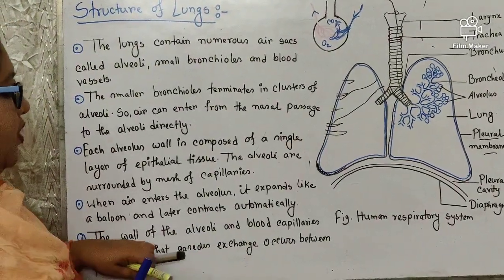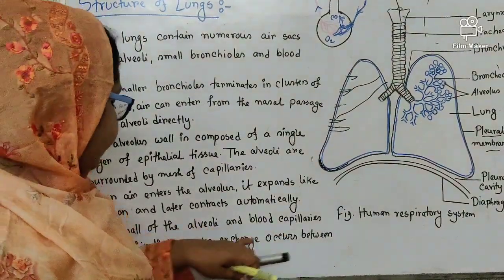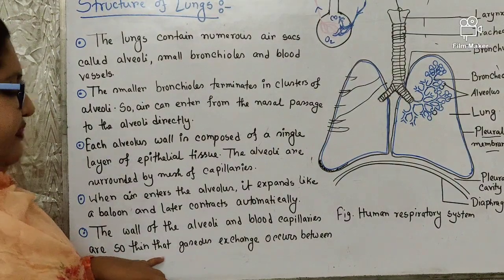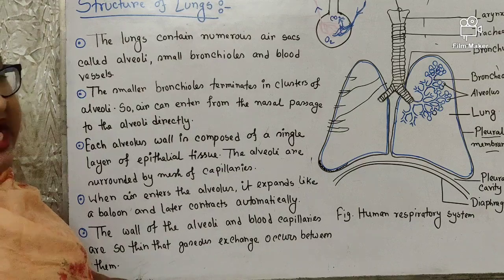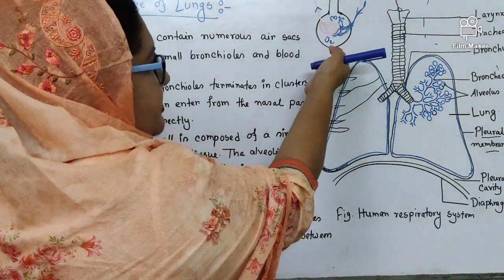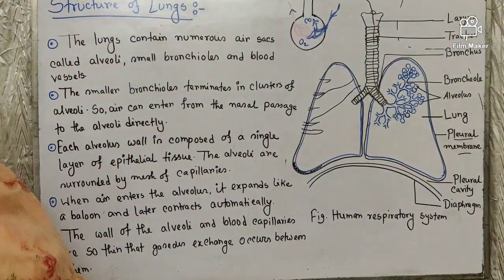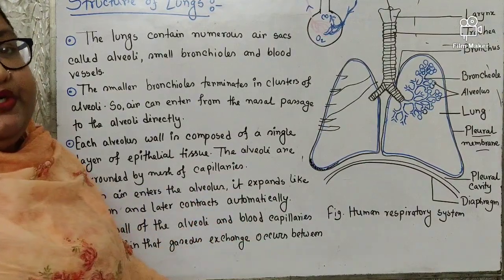Okay. The wall of the alveoli and the blood capillaries are so thin that the gaseous exchange occurs between them. How? As I have told here, how the gaseous exchange takes place here. Okay.